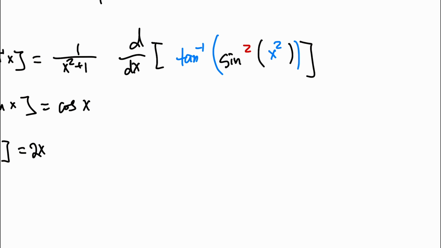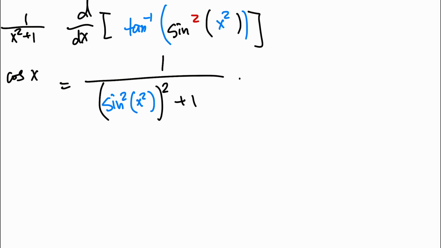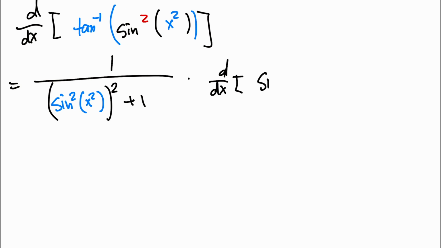We can get started by using our first chain rule on the inverse tangent. That will be equal to 1 over, plugging this inside function in as x, sine squared of x squared, that squared, plus 1. We need to multiply it by the derivative with respect to x of this inside function.